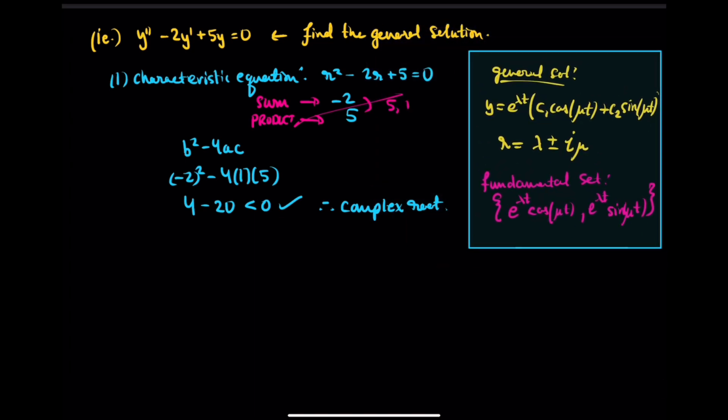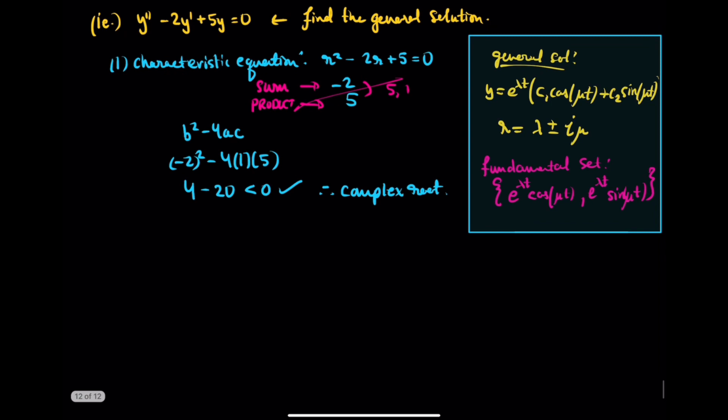So now, let's do this example. We know that this is going to be a complex root because b squared minus 4ac is less than 0. And so now what we have to do is get r in terms of lambda and mu.